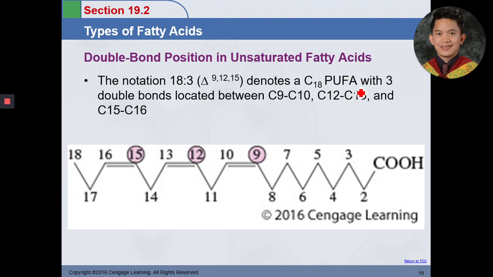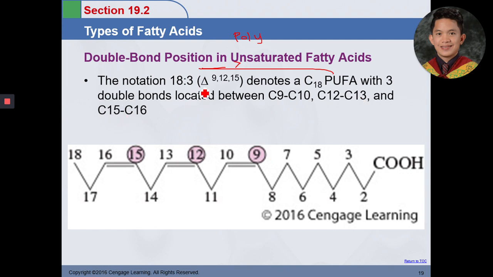PUFA here is just an acronym for polyunsaturated fatty acid, with 3 double bonds located between carbon 9 to 10, carbon 12 to 13, and carbon 15 to 16.